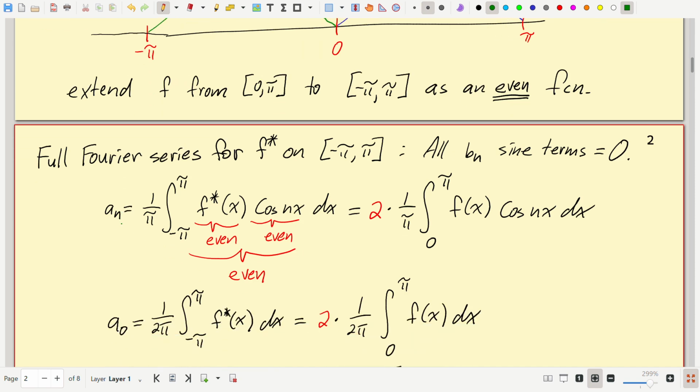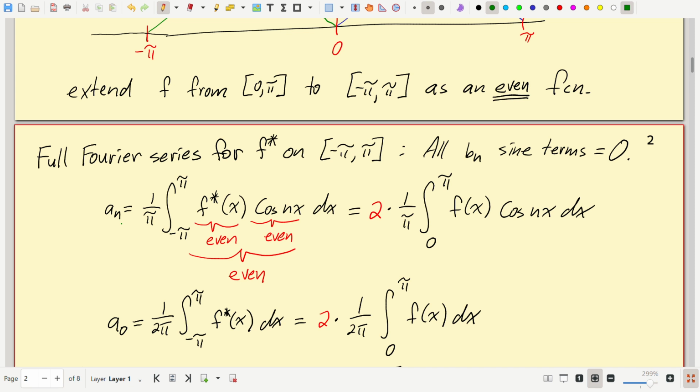And then when you write out the coefficient for the a_n's, it's 1 over pi times the integral from minus pi to pi of f star, which is even, times cosine, which is even, and an even times an even is an even, and so once again that's 2 times the integral from 0 to pi.